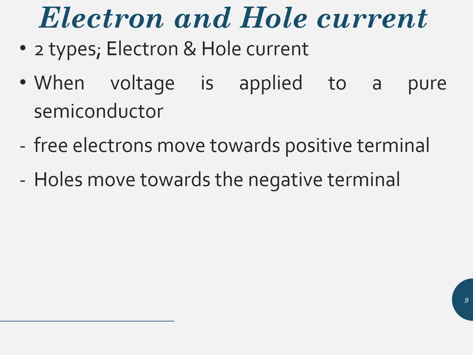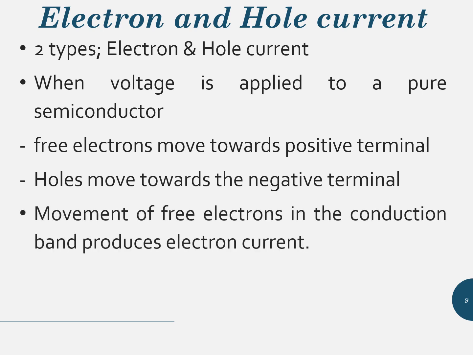This movement of free electrons in the conduction band is one type of current in a semiconductive material, and it is called electron current.